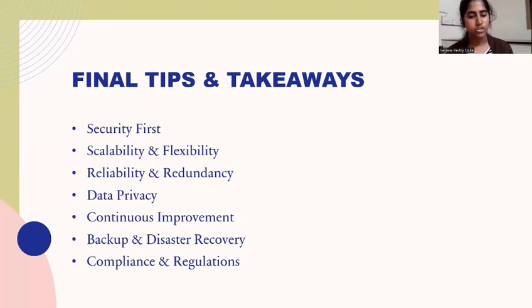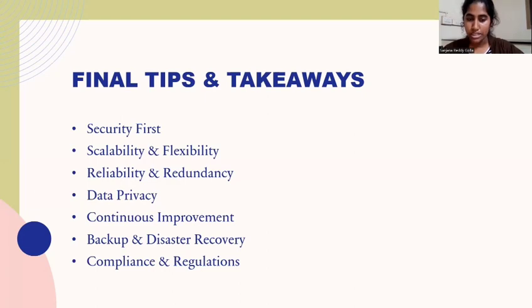And then data privacy. You don't need to bother about your privacy, because all your data is made transparent, so that it makes sure that no one else can get access to your data. Continuous improvement. If at all there is a fault or something, it actually takes initiative to rectify its mistakes, and then comes up with a new solution.